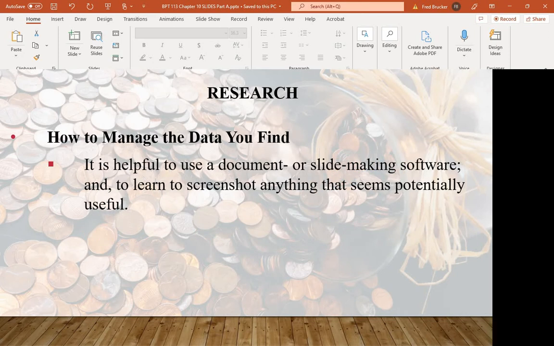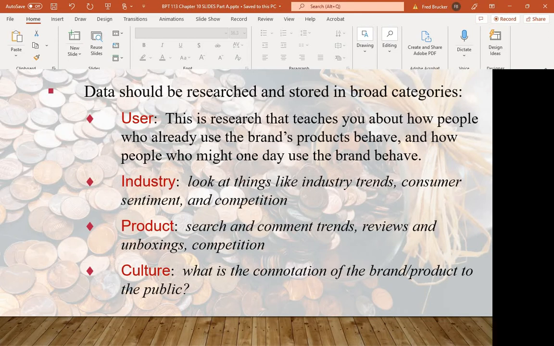So how do you manage the data that you find? It's helpful to use a document or slide making software and to learn to screenshot anything that seems potentially useful. It helps us to be able to actually see things as well as hear them, so that we use as many senses as possible to get immersed in the information that we have and to get our clients immersed in that information.